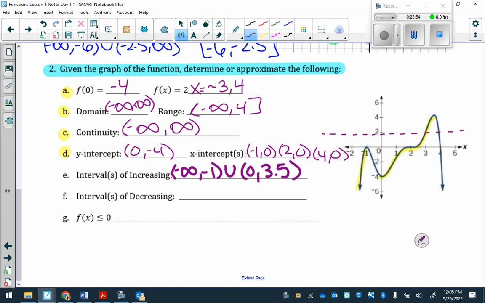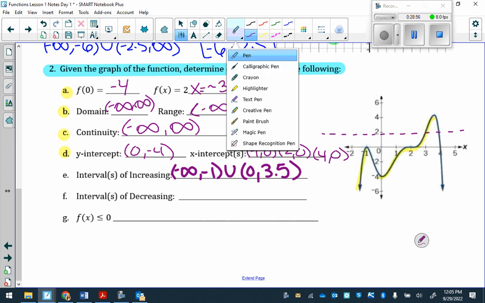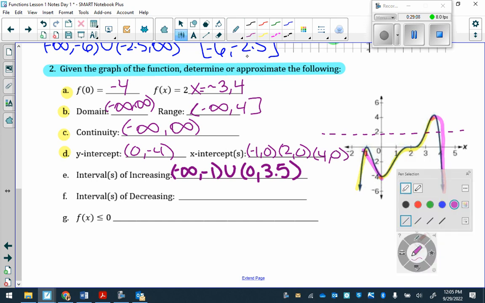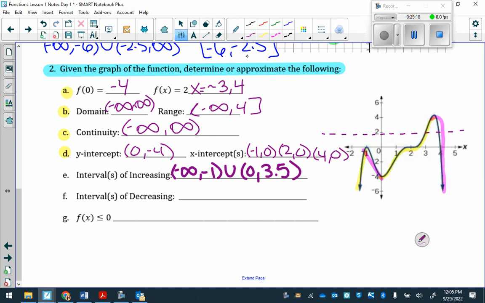All right, now we're going to look at from here to here, what's happening? And then from here to here, decreasing as well. Okay. So how would I write the intervals of those two pink areas? Where is it decreasing?